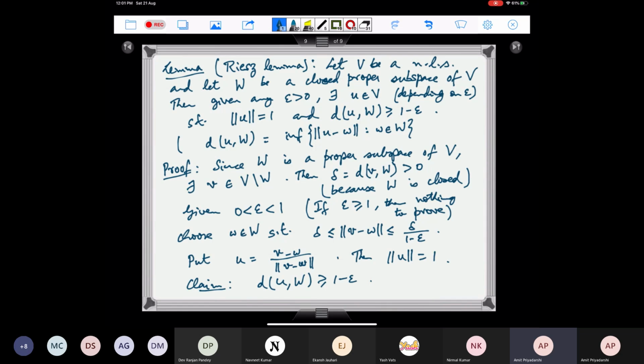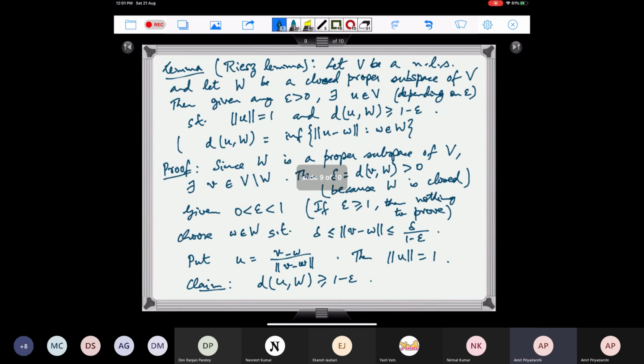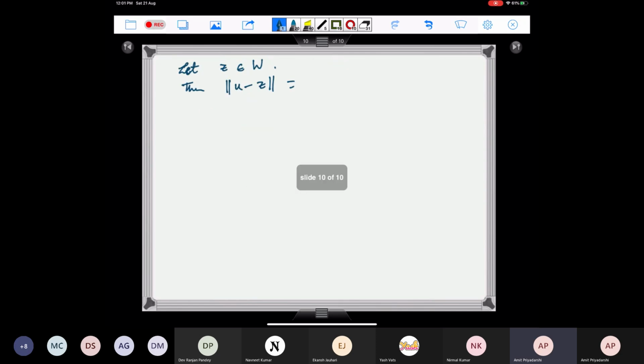So let z be any vector in W. Then for norm of u minus z, we have to show that this is bigger than or equal to 1 minus epsilon. What is u? We have written u as v minus w by norm of v minus w.